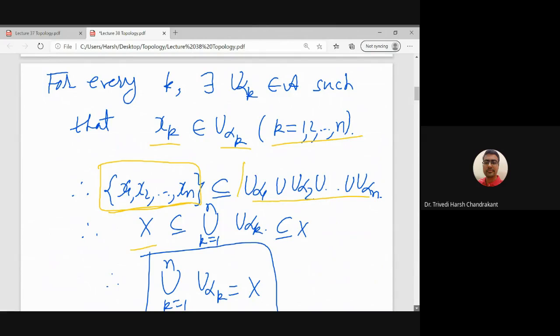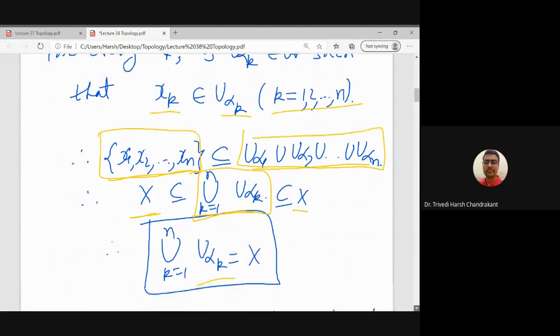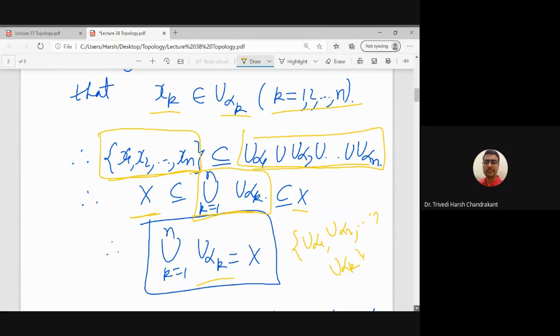And on the other hand, what we are getting is a finite union, and each U alpha k is a subset of X. So therefore the union of U alpha k is a subset of X. So therefore what we get is X is exactly the union of U alpha k. And this set U alpha 1, U alpha 2, up to U alpha k is a finite set.